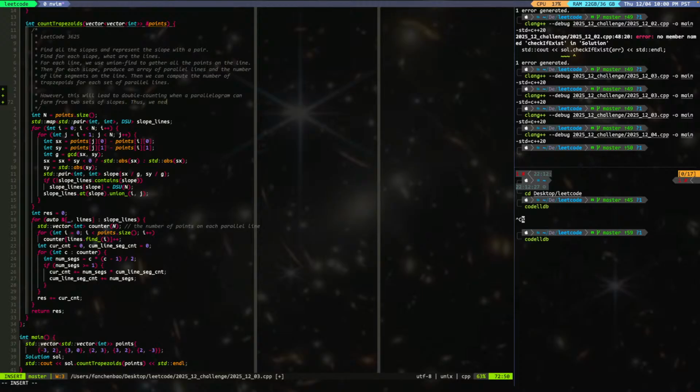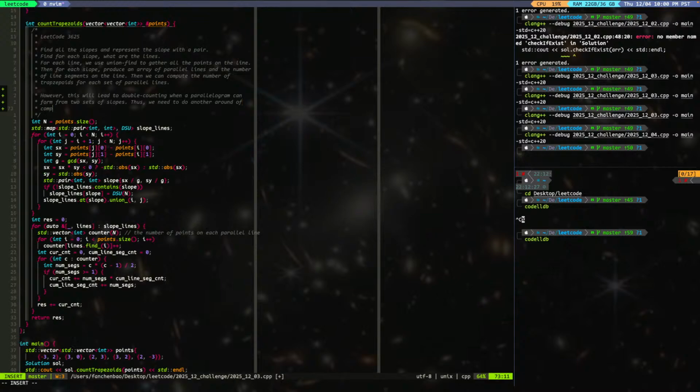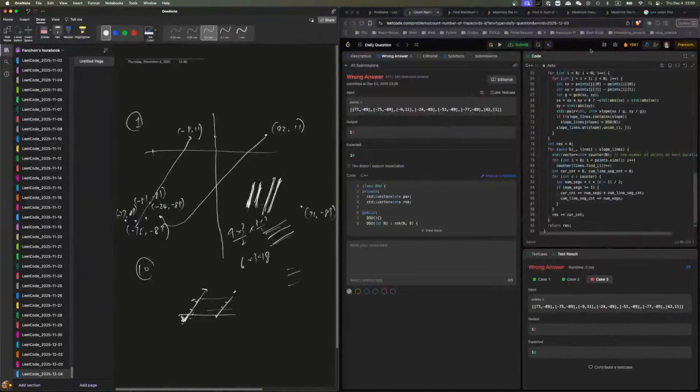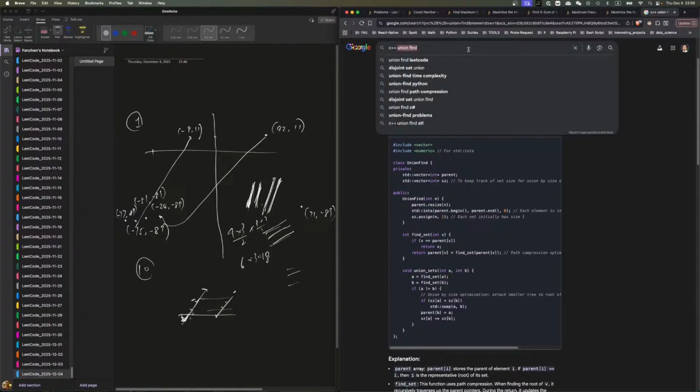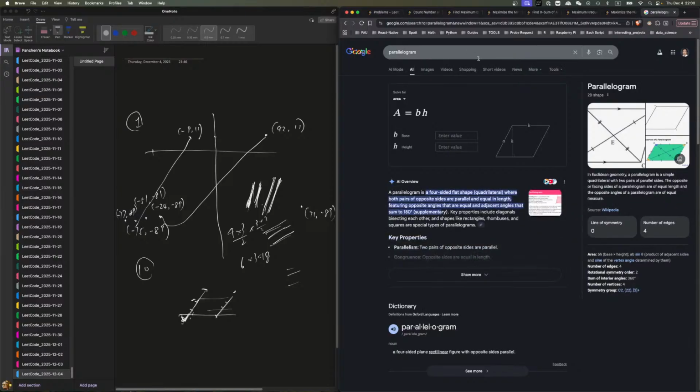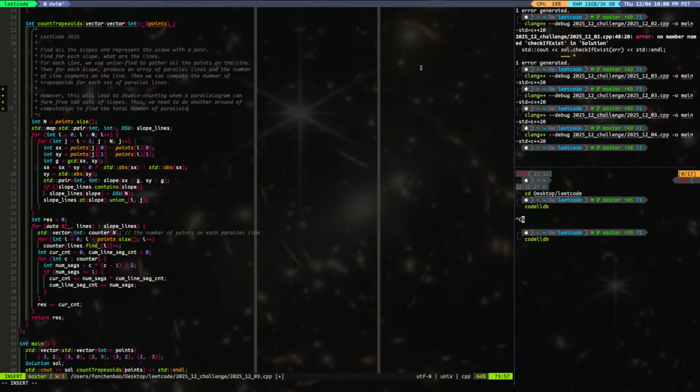Thus, we need to do another round of computation to find the total number of parallelograms. I probably misspelled it. Parallelogram. So right, the number of parallelograms.